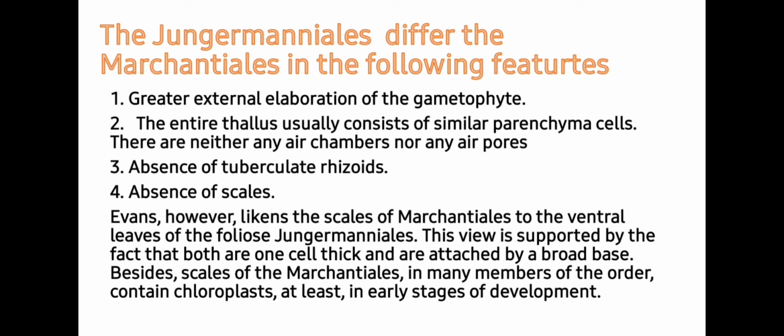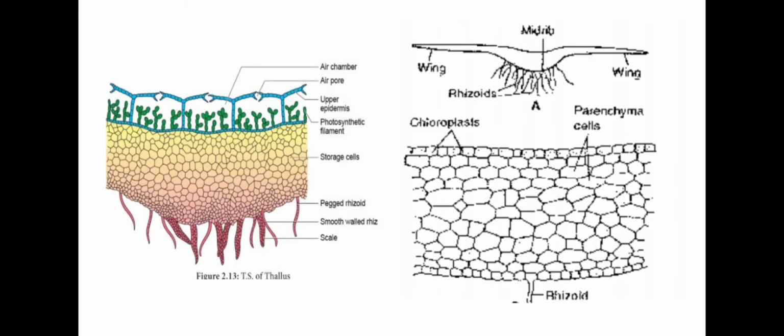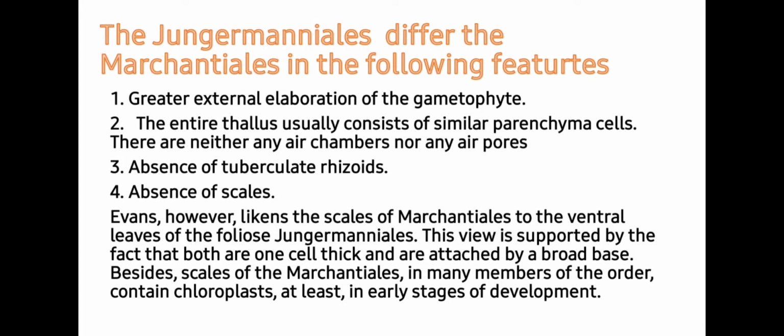There are neither any air chambers nor air pores. So you can simply say that there is no distinction of the internal structure into storage zone and photosynthetic zone. In case of Jungermanniales, you will find very simple structure and chloroplasts are uniformly distributed over the parenchyma cells.